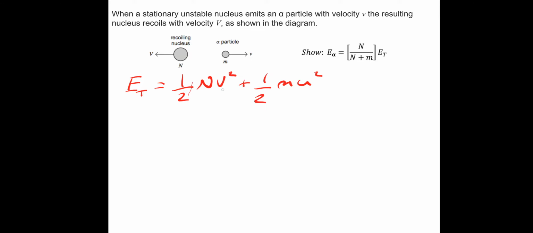Then what I'm going to do is substitute in for v the expression v equals mu over n. So the total energy is equal to, so we've got n, and then the v squared. So that would be m squared u squared over 2n squared, plus a half m u squared.